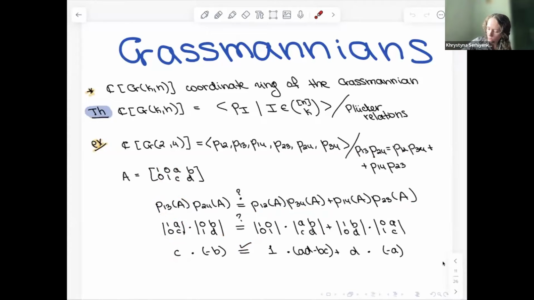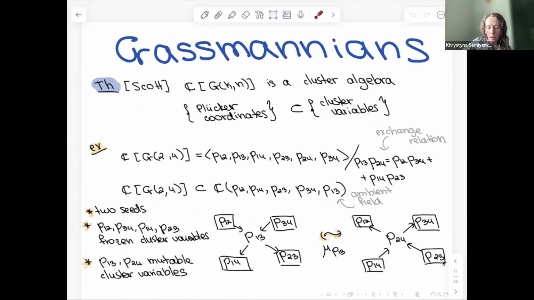Just to make it more concrete. Again, this was known before cluster algebras. And then after cluster algebras, Scott showed that the coordinate ring of the Grassmannian does have a cluster structure. It is a cluster algebra. This is one of the most well-known and very exciting cluster algebras.